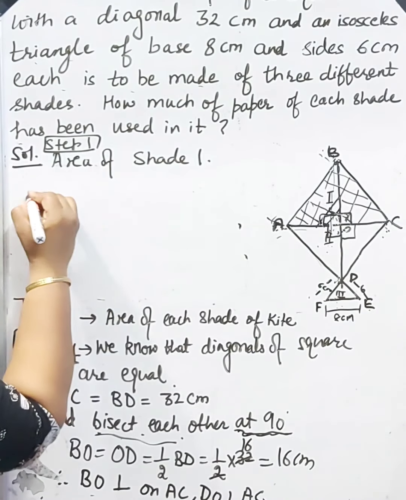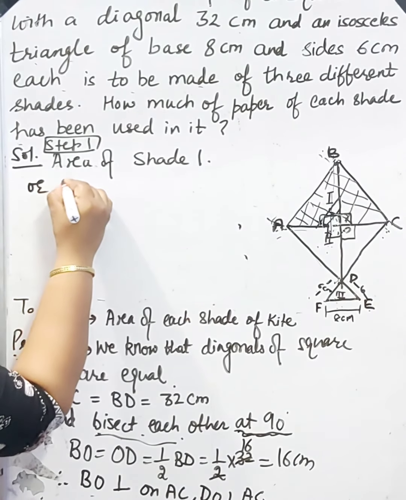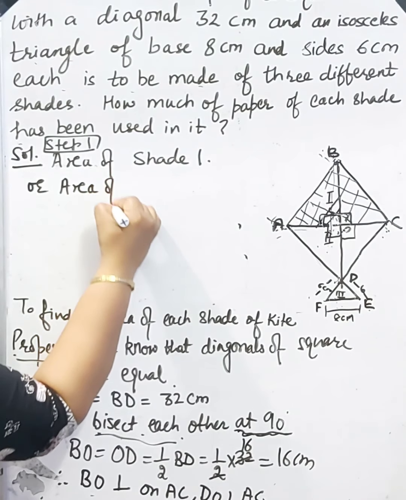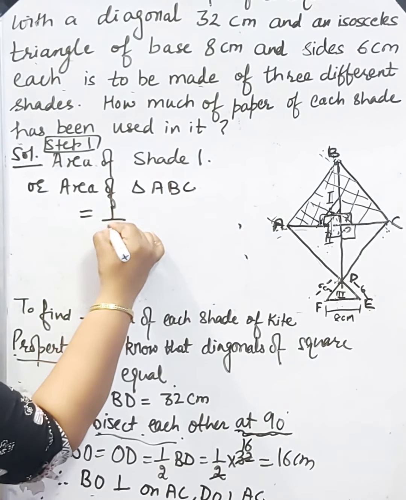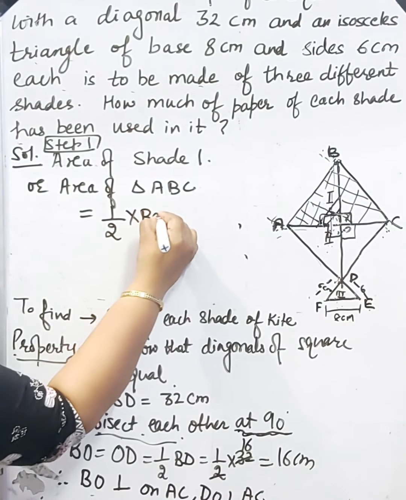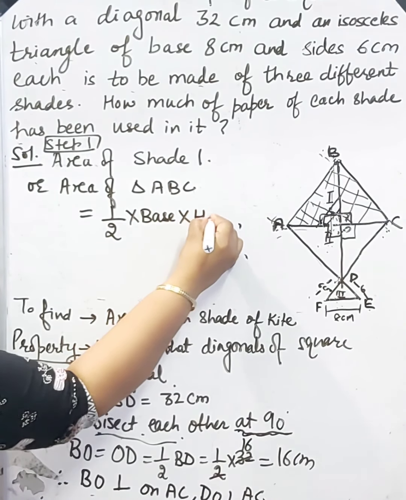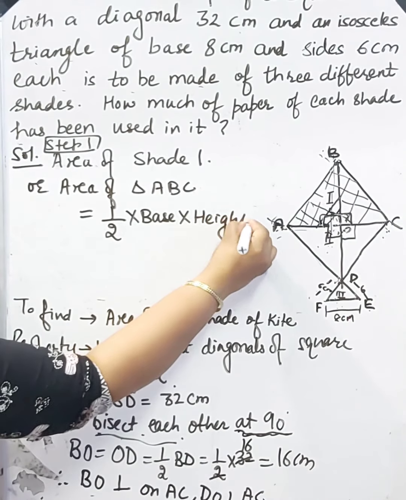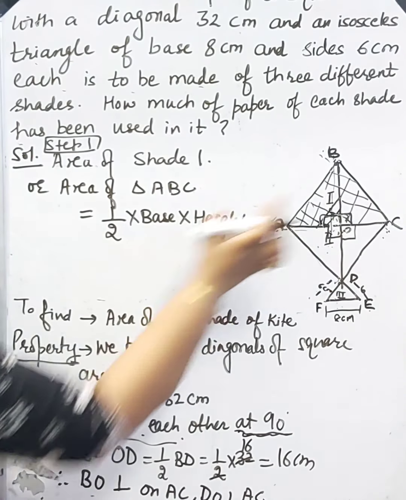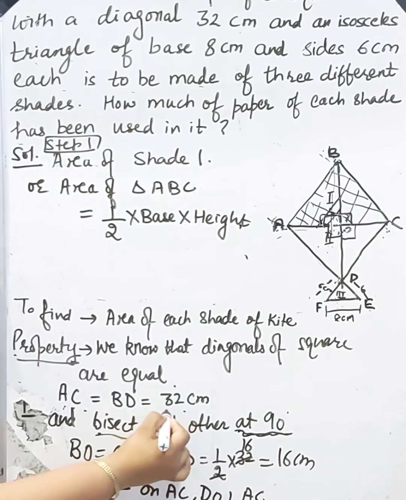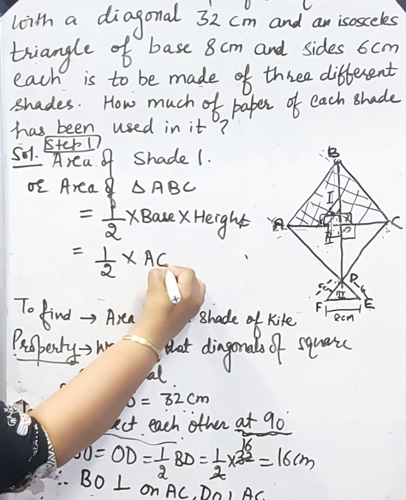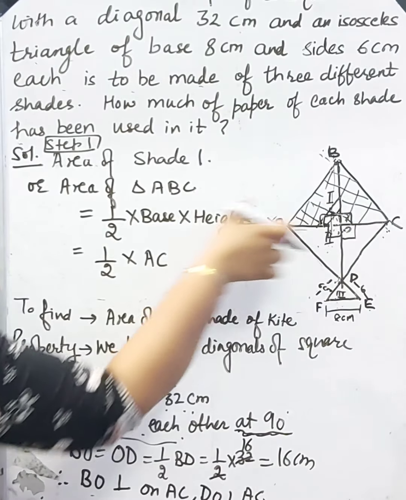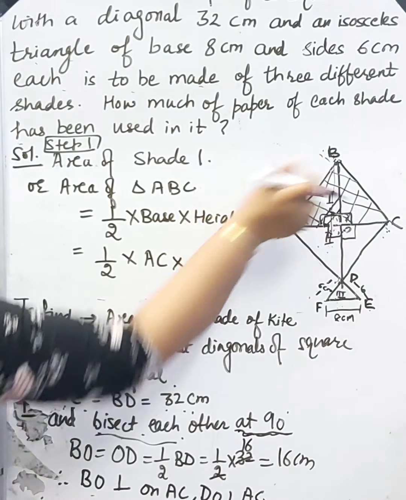Area of shade 1, or area of triangle ABC, equal to half into base into height. Base is AC and we know that AC equal to 32 centimeter, and height is BO.